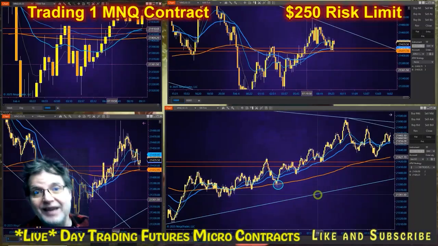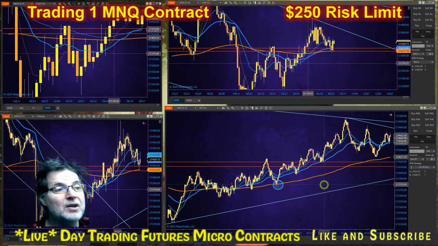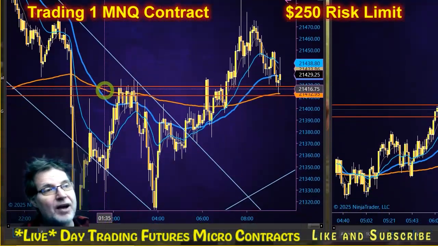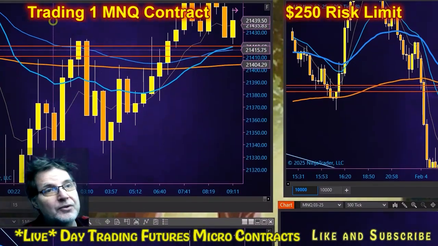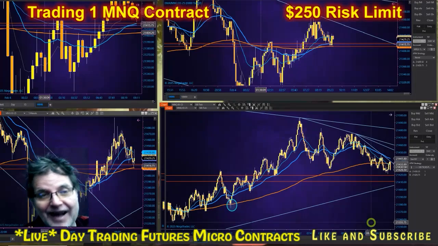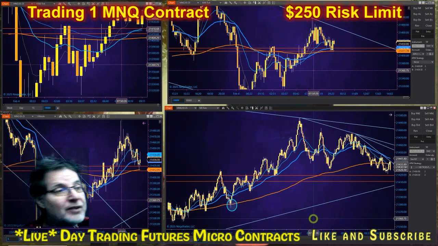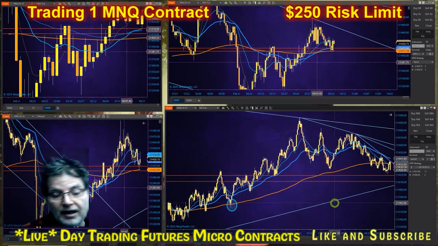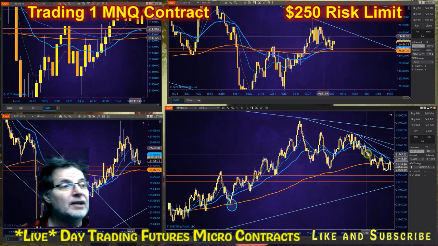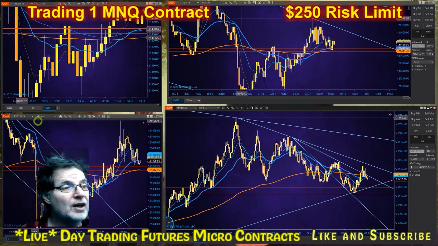That's the best A+ setup scenario. But B+ setups will be when I can only get the 5-minute or only the 10,000 to agree with the 500, and it's not an A+ setup. It is a B+ setup though, and it's still pretty good, but the likelihood of it failing is greater, so we have to be a little bit more careful with those kinds of setups.